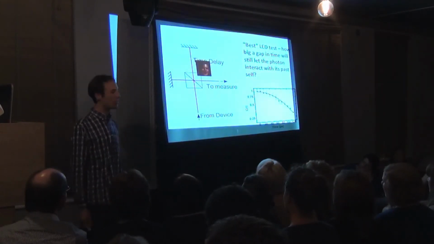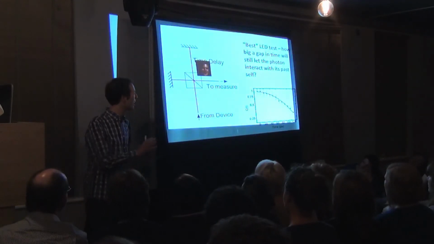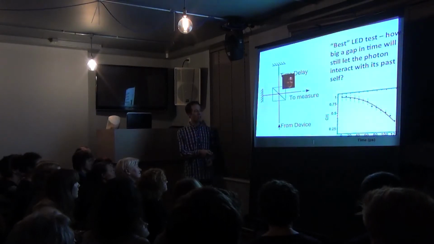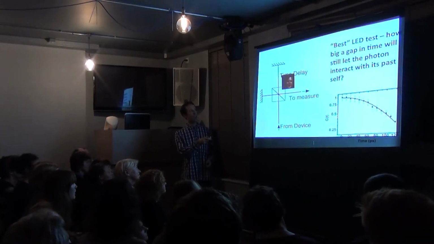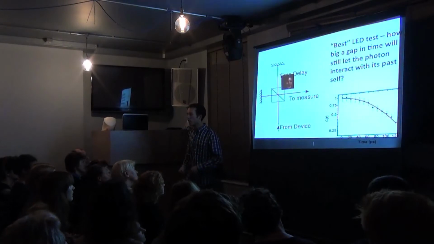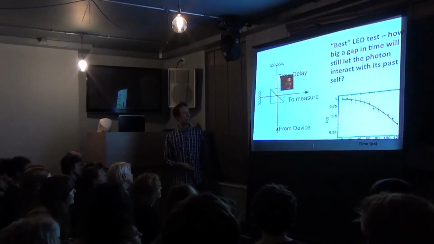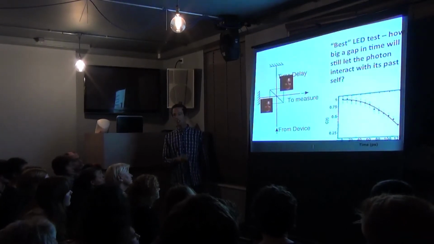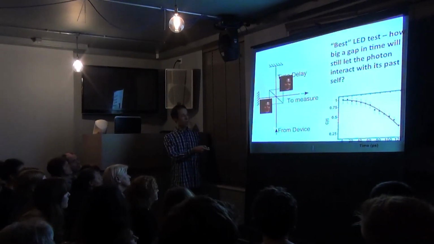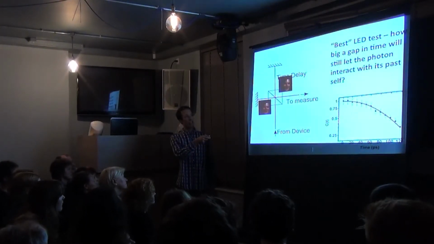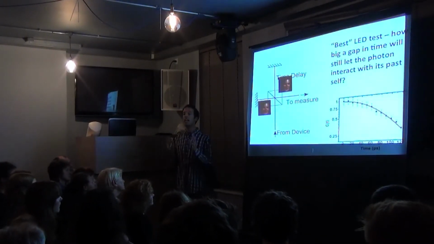So I'm going to use pictures of the Doctor because it's almost like a weird form of time travel. Some light will come out of my sample and go down the long arm here, and because it's long, it takes a long time for it to go out there and bounce back. A little bit later, some other light, hopefully exactly the same, will come out and bounce down this arm. And then they will both meet at the beam splitter again and interact.